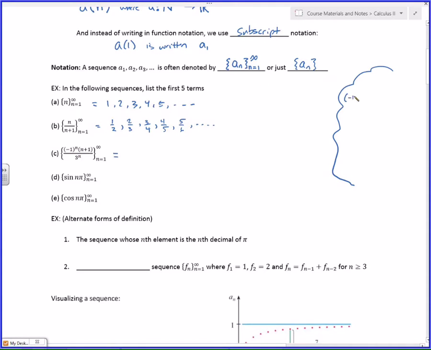If you have a negative 1 to the n times n plus 1 over 3 to the n, and you plug in 1, what do you get? Negative 1 to the first times 1 plus 1, or 2, over 3. So what does that negative 1 to the first become? It's just negative. Negative 2/3, right?